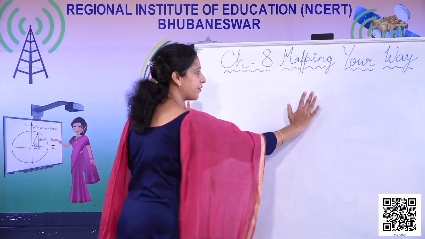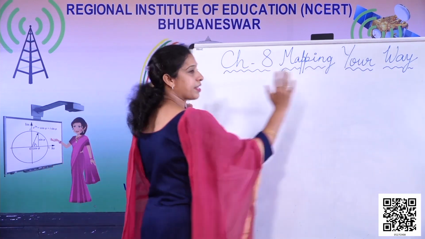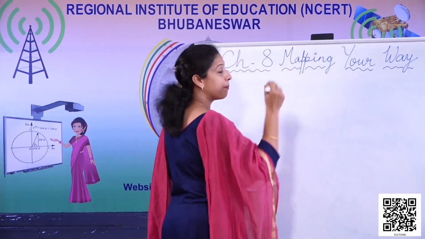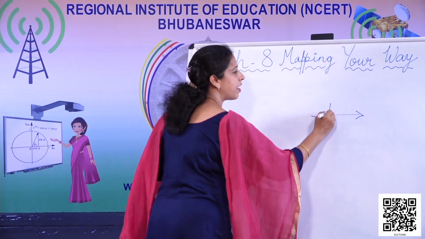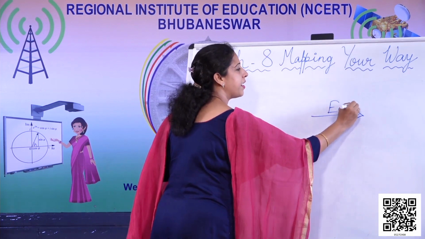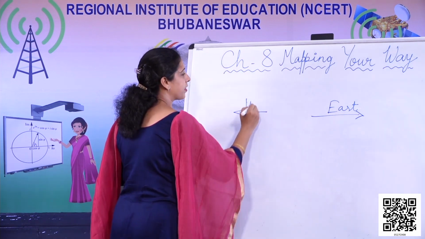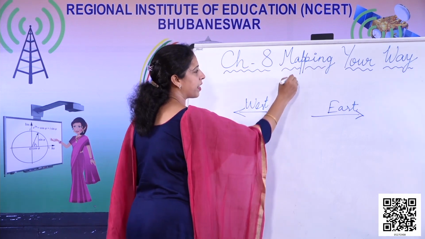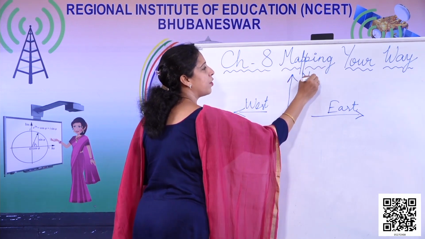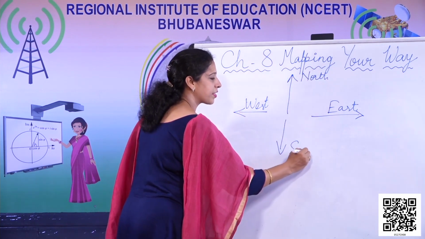For example, if this is the map and I am facing this map, my right hand side is the east. And my left hand side is west. The direction which my head is pointing is north. And my feet are pointing towards south.